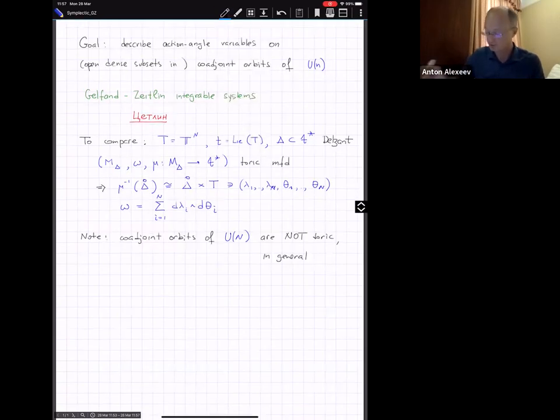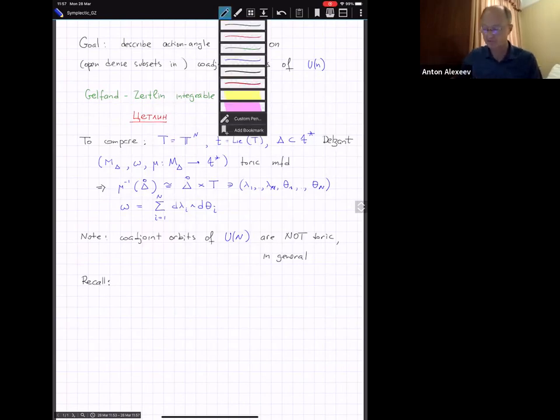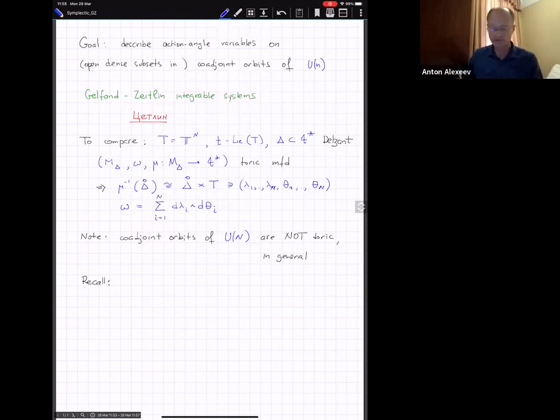Okay, so let me recall some stuff about UN coadjoint orbits. So we choose G equal to UN. The Lie algebra can be identified with skew Hermitian matrices, or the imaginary unit times Hermitian matrices.